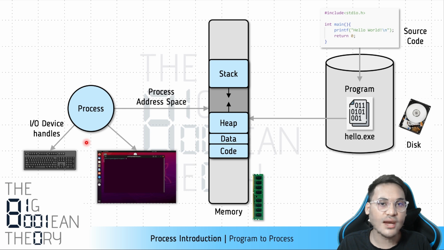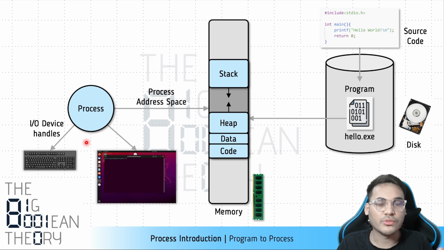Similarly, the display or the console is considered as the standard output device in Unix based operating systems. So all of the output that the process will be producing is considered to be destined for the display or the console. That is why it's considered as a standard output. Although it's not the case that the input and output will be coming from or going to only these devices, it is considered as a standard input or standard output.